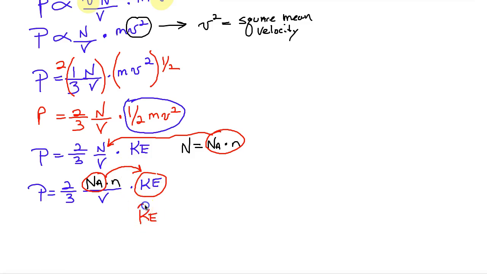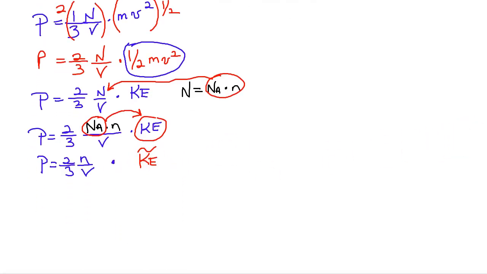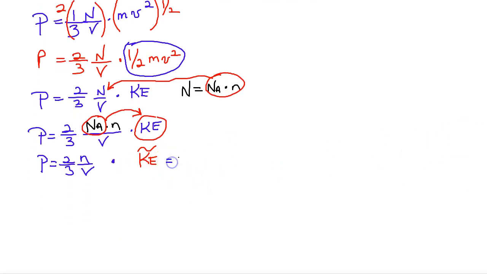And we're going to put a little squiggly here to say that, hey, that's per mole. What else do I have left? Well, I've got P equals 2/3 n over V times Ke squiggly. And Ke squiggly is equal to the molar kinetic energy, which is the kinetic energy per mole of gas particles. Well, we're trying to solve for that. It's one of my first equations.